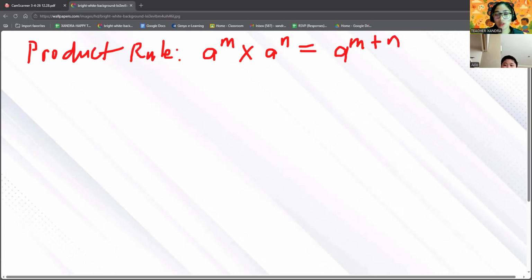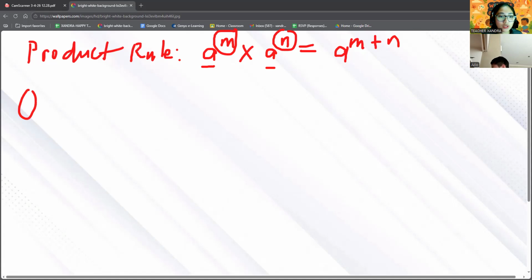When it comes to the product rule, or multiplying with exponents, you combine the two exponents. So if this is A raised to M times A raised to N, that would be A raised to M plus N. When multiplying with the same base, you just have to add the exponents.